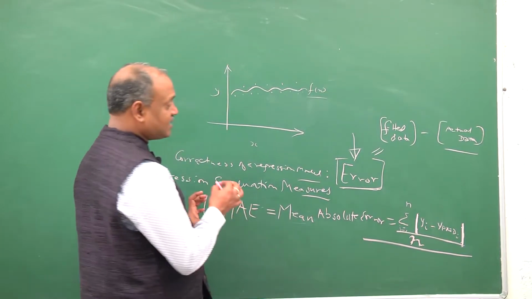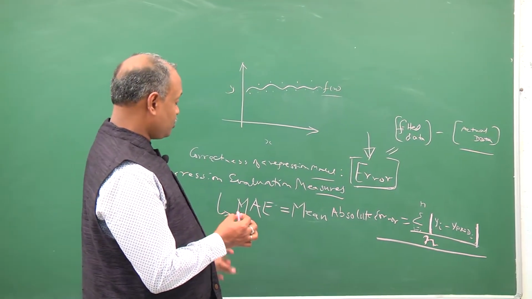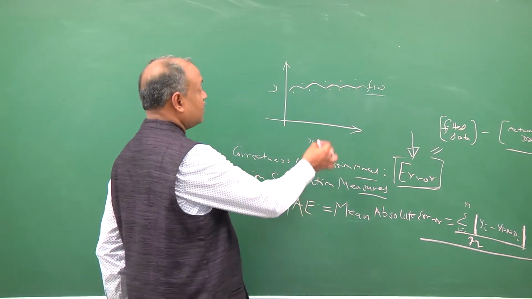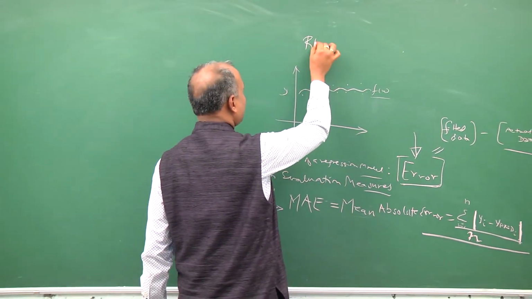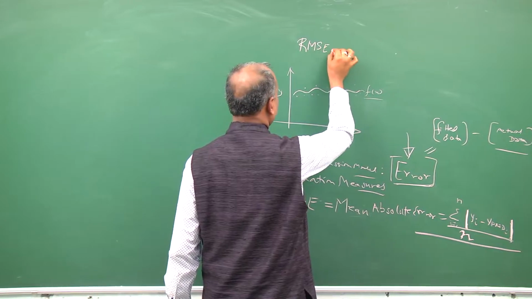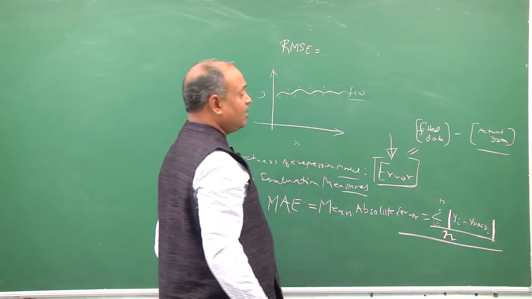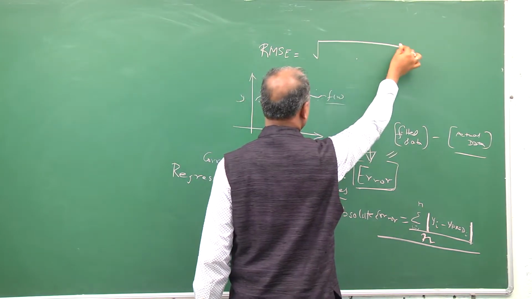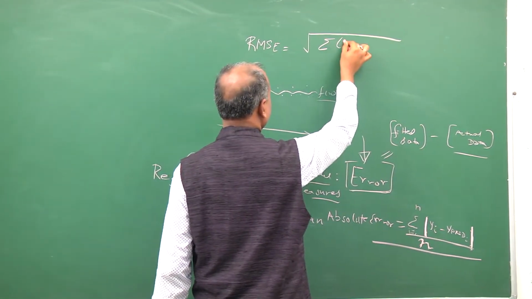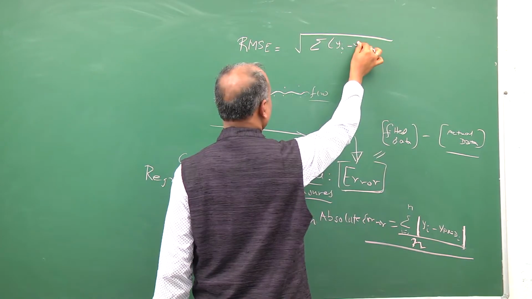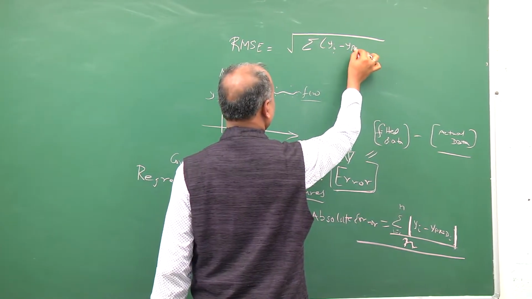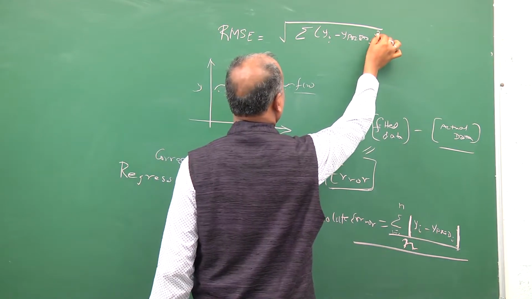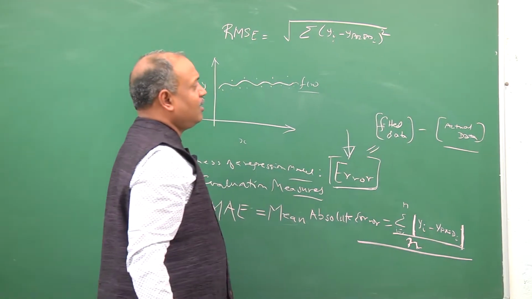A correspondingly similar but more popular approach to defining the error function is what is known as RMSE, which is basically the square root of sigma of yi minus y pred i, whole square.